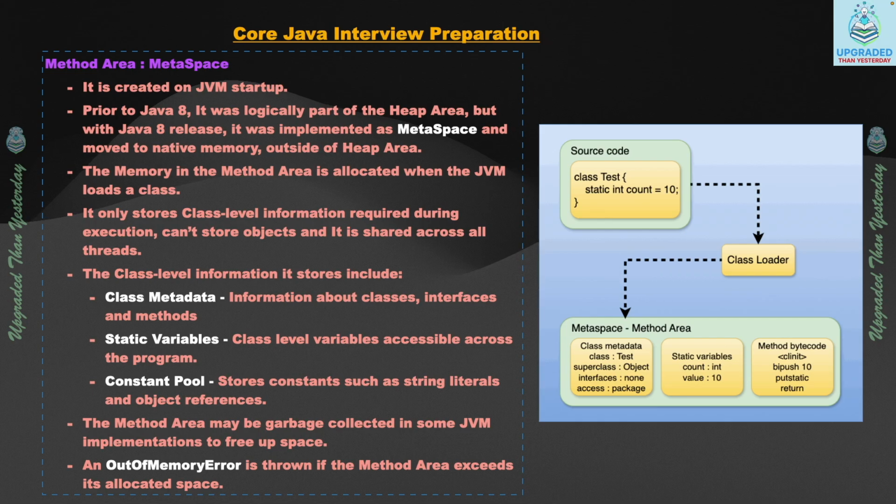None, as the Test class does not implement any interface. Access. Package private or default, as no access modifier is explicitly defined. Static variable information. Variable name is count, type is integer, value is 10. Additionally, the bytecode information for the static variable is also stored in meta space.